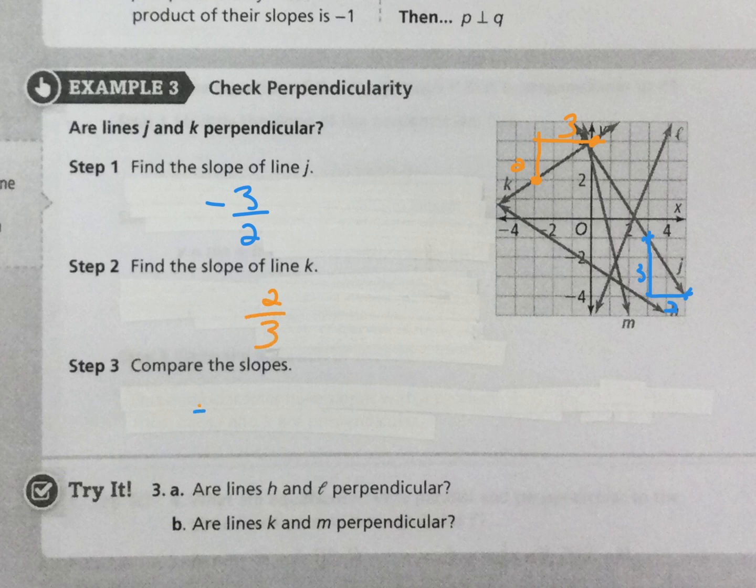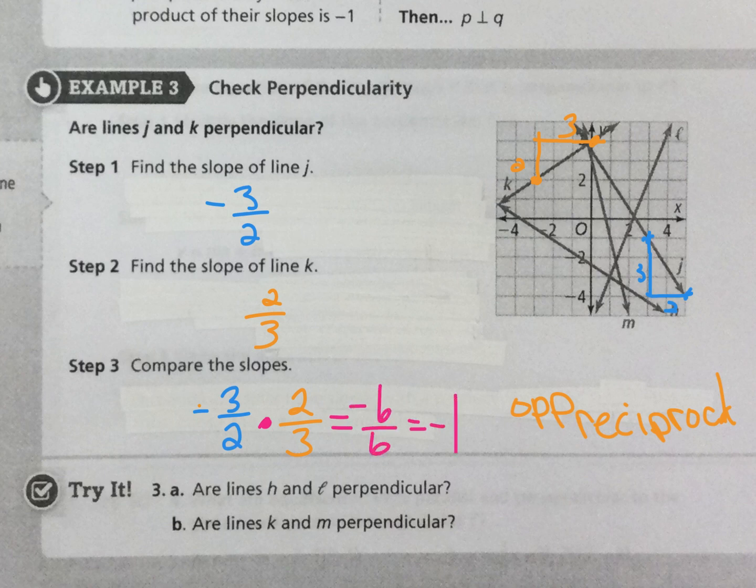So negative 3/2 and 2/3 are opposite reciprocal slopes. And if I multiply them, I get negative 6 over 6, which is negative 1. So yes, they are perpendicular.